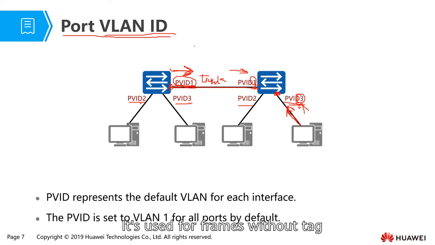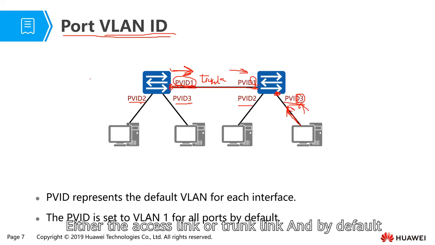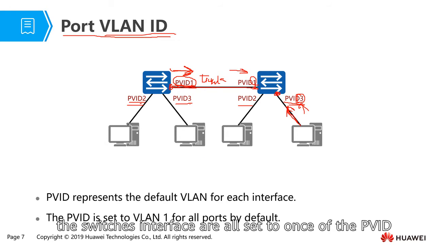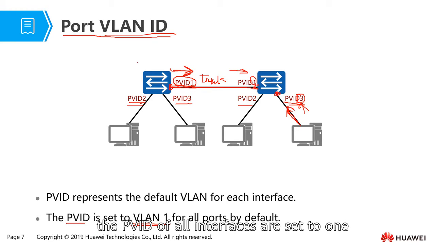It is used for frames without a tag, either on the access link or the trunk link. By default, the switch interfaces are all set with a PVID of 1.